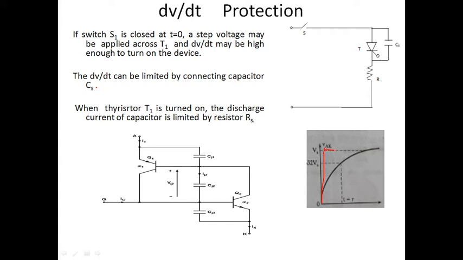If you take the slope of this waveform, it is very high because it is rising rapidly, and this form of voltage we need to convert into this form, a slowly varying voltage.